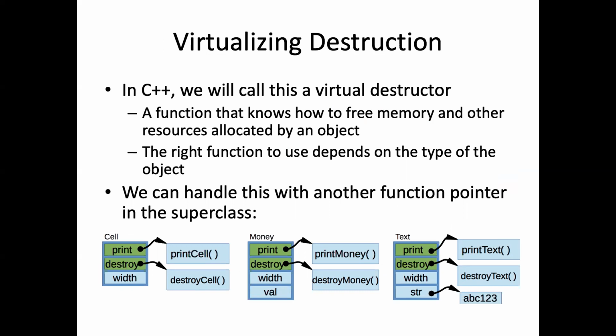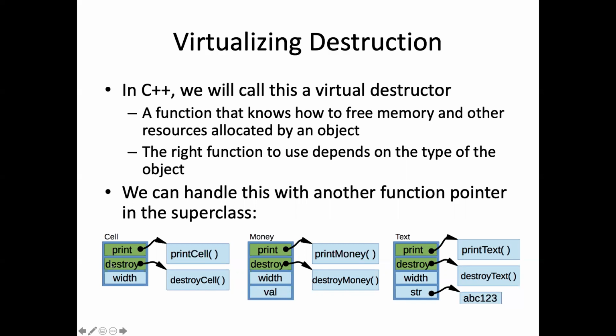We're really seeing that we need a virtual destructor. We need a way of freeing memory for an object, but the right way to do that depends on the type of that object. So we'll handle this by adding a new overridable function. Instead of just having a print and a width, now every cell is going to have a destroy function, but we want it to be one that we can override.